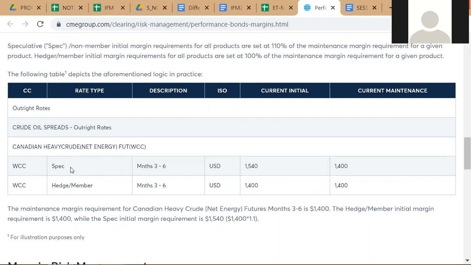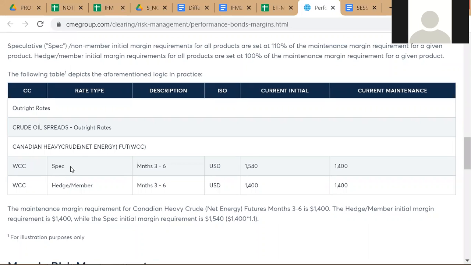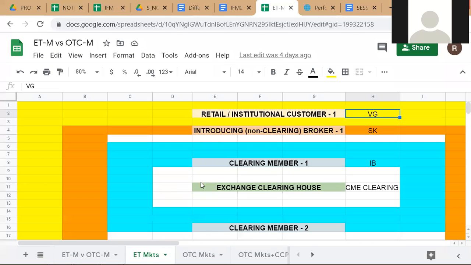So the speculative trader would be somebody like this. Somebody like Whirlpool or any company like a Nestle would be classified as a hedger. If it's a speculative trader, they're seen as more risky, so they have to put up slightly higher margin. Okay. And hedge customers or members, as in clearing members, have to put up less margin.